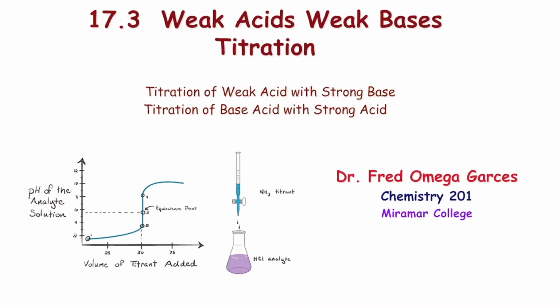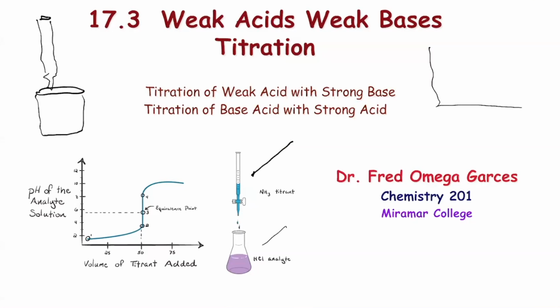You always know there's two components in a titration curve. There's actually more, but two major players in the titration curve. The first one, here's the picture already, is the analyte. And the second one is the titrant.